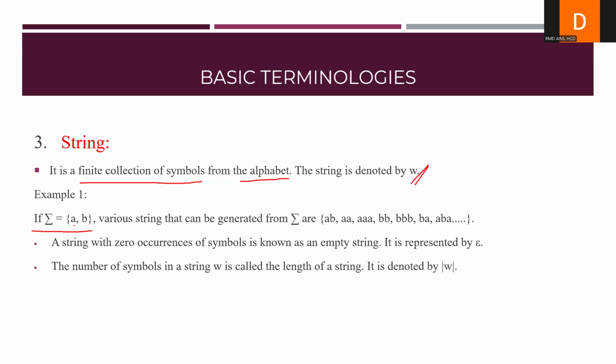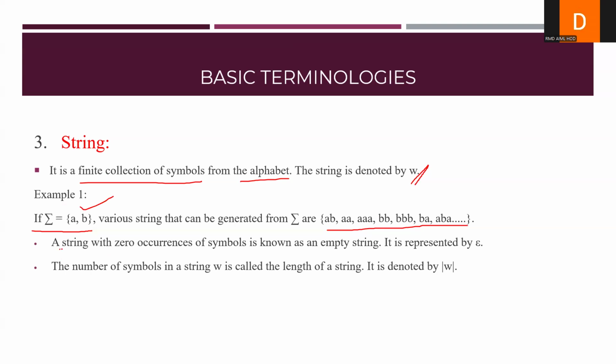It can be a, aa, ab, ba, aaa, bb. So this can go on. These are all the possible strings that we can generate from the alphabet sigma equal to {a, b}. So a string is a finite collection of symbols that we can derive from the alphabet.